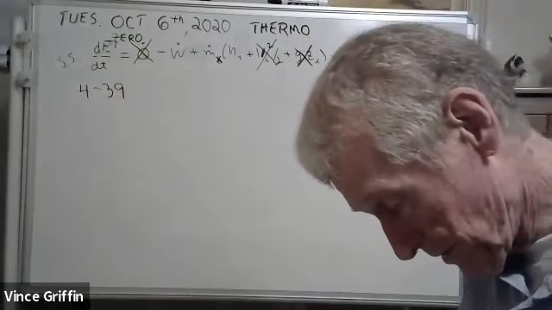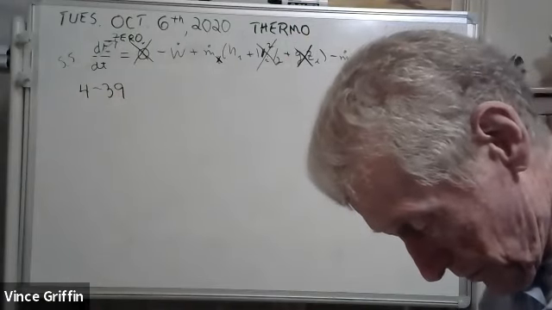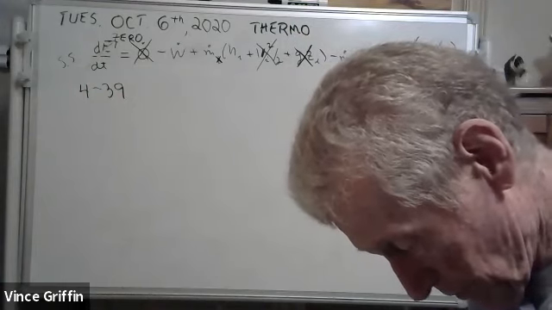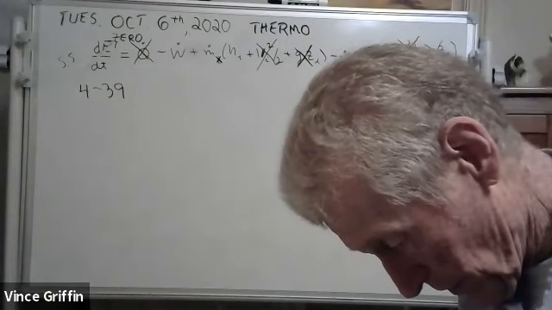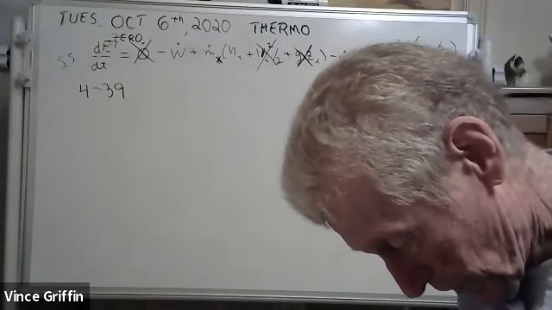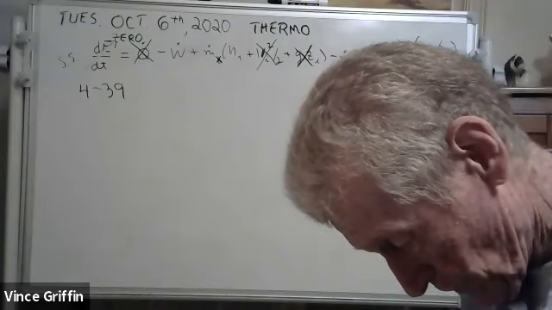Let me find it here. It says 439. An airflow is brought from blah, blah, blah to something here in an adiabatic compressor driven by a 50 kilowatt motor. What's the mass flow rate, exit volume flow rate?